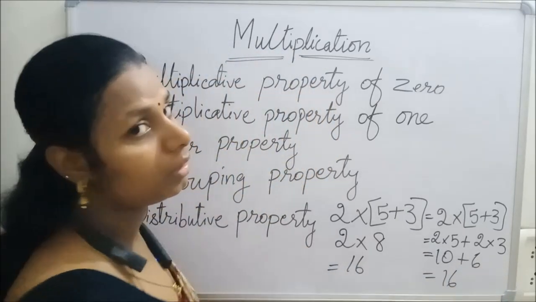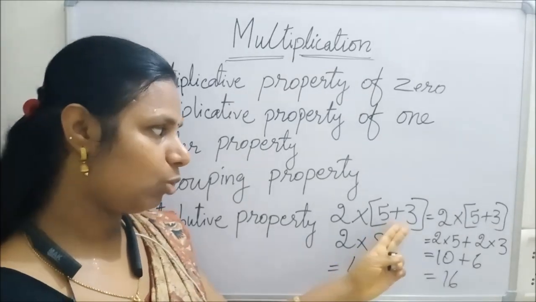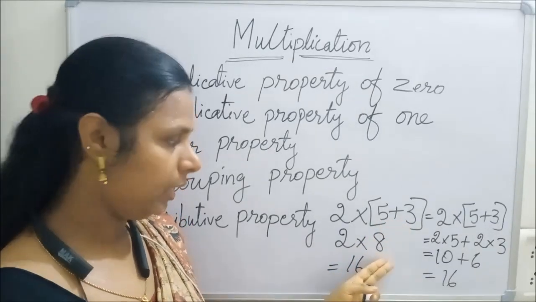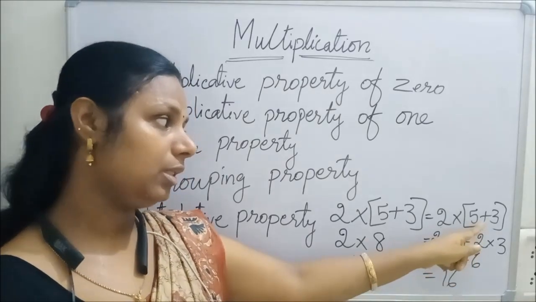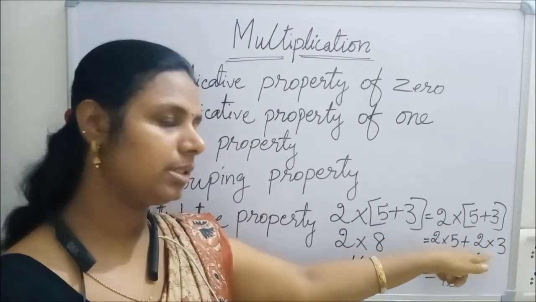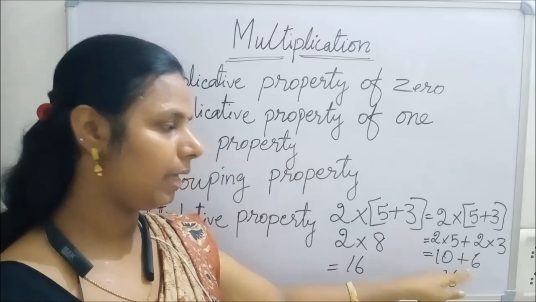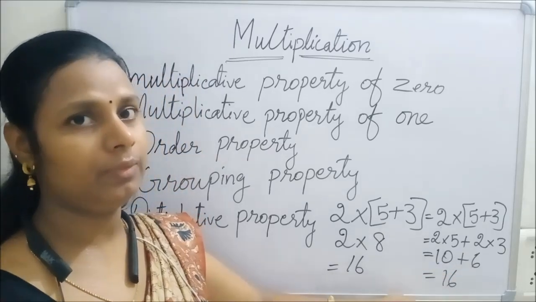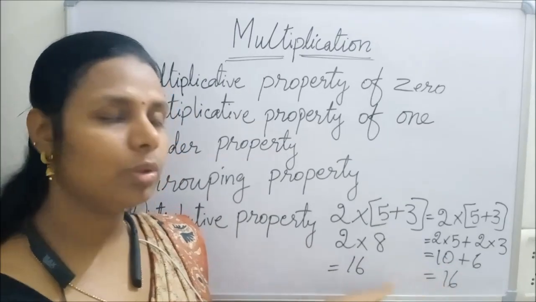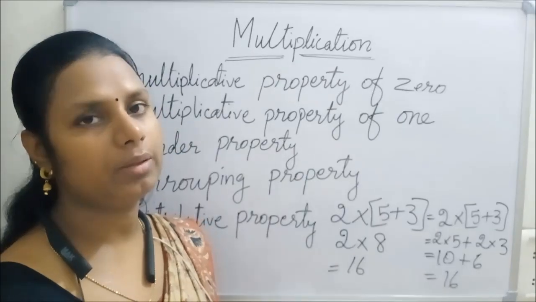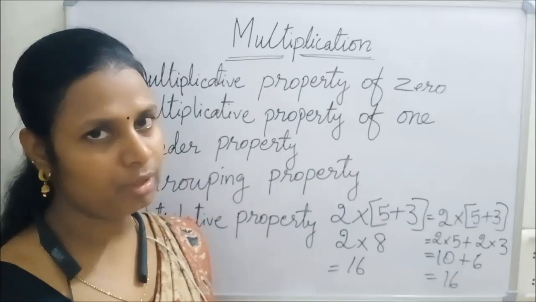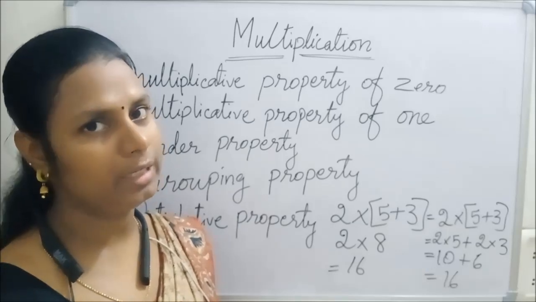But anyhow, the answer is same. Whether you take the sum, then you multiply, otherwise, you just distribute these numbers, then multiply, then you add, you get the same answer. This is called distributive property of multiplication over addition.